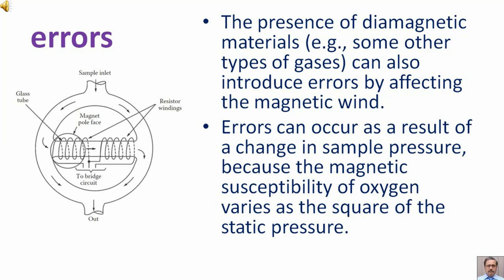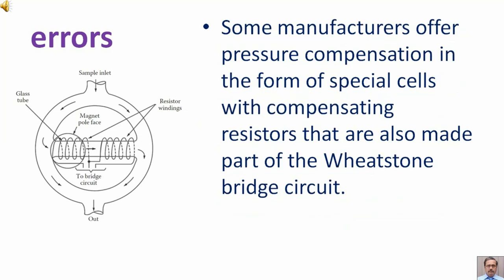Errors can occur as a result of a change in sample pressure because the magnetic susceptibility of oxygen varies as the square of the static pressure. Some manufacturers offer pressure compensation in the form of special cells with compensating resistors that are also made part of the Wheatstone bridge circuit.